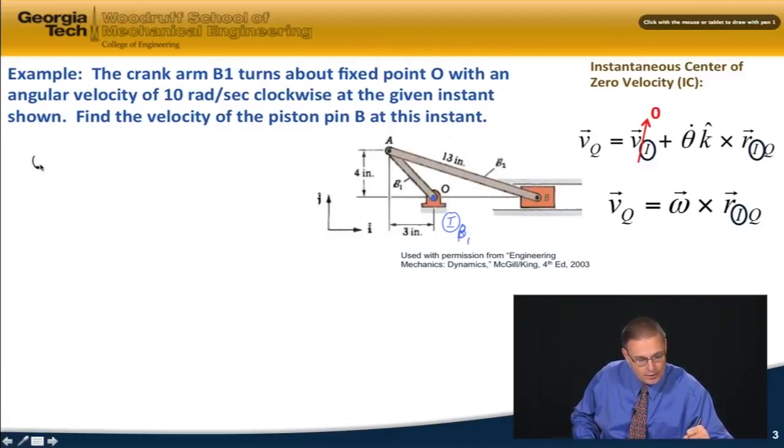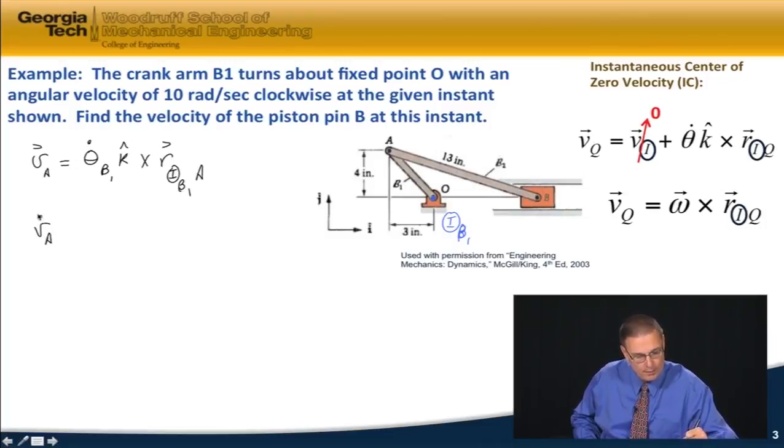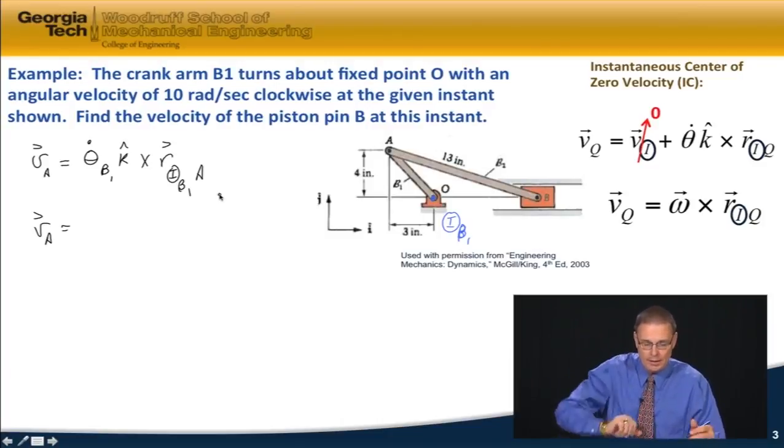I can say that the velocity of A is equal to theta dot B1 in the K direction crossed with R from the IC of body B1 to point A. Theta dot B1 is 10 clockwise, which is going to be in the minus K direction.